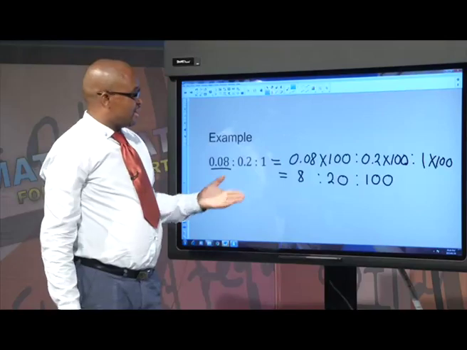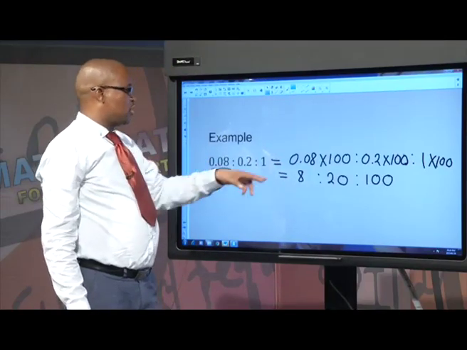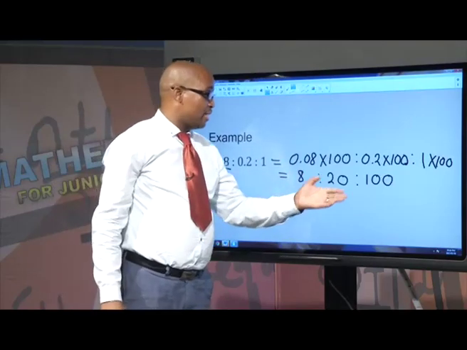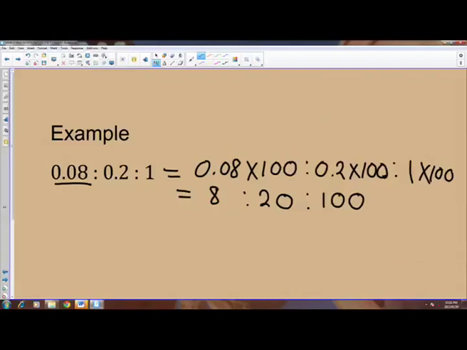You check, is this simplified? Do we still have any other factor which can go into 8, 20 and 100? There is. That factor is 4. So 4 into 8 is 2, 4 into 20 is 5, and 4 into 100 is 25.